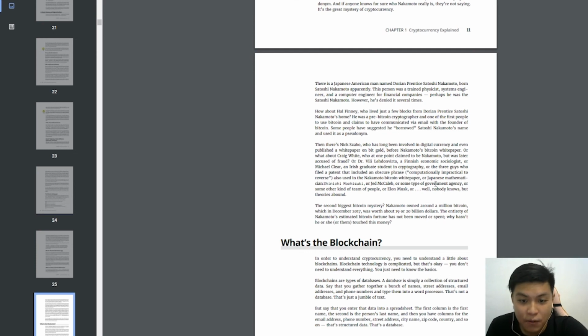Or three guys who filed a patent that includes an obscure phrase, "computationally impractical to reverse," also used in Nakamoto's white paper? Or Japanese mathematician Shinichi Mochizuki, or Jed McCaleb, or some type of government agency, or some other kind of team of people, or Elon Musk? Well, nobody knows. But theories abound.